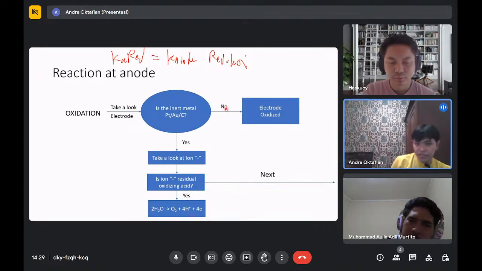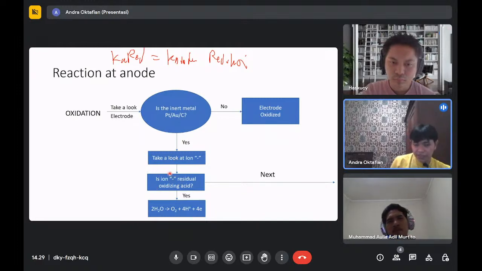If the answer is no, then we oxidize the electrode. If the answer is yes, just take a look at the negative ion from the solution or the melt. Then there's a question again: is the negative ion a residual oxidizing acid?